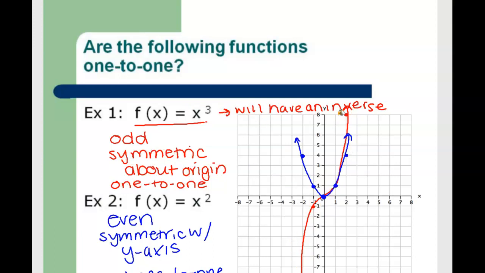Therefore, x cubed will have an inverse. X squared is even. It's symmetric with the y-axis, and therefore it will not have an inverse, and it is not one-to-one.